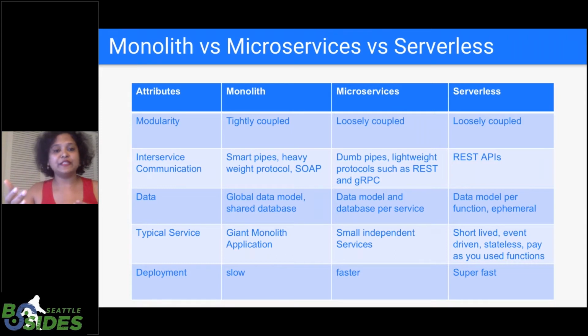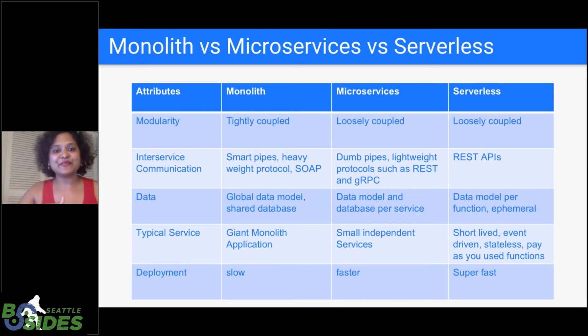With serverless, we often see they use REST API. When it comes to handling data, most monolith applications use a global data model or shared databases, whereas microservices use smaller data models, or a database per service.